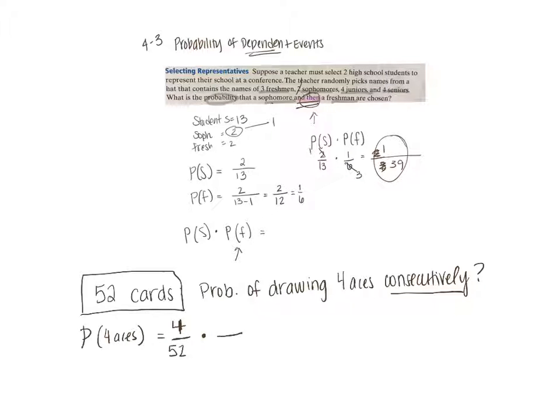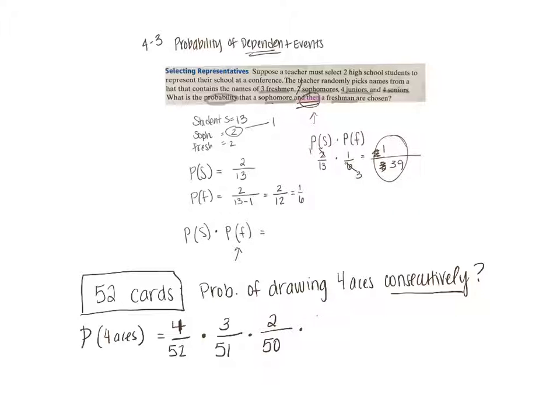Now, how many cards are in my deck after I've drawn the first card? Well, now there's only 51. And if I have an ace, how many aces are there? Well, now there's only 3. And if I drew 2 aces, how many are left at this point? Well, only half of them, 2, times 50.